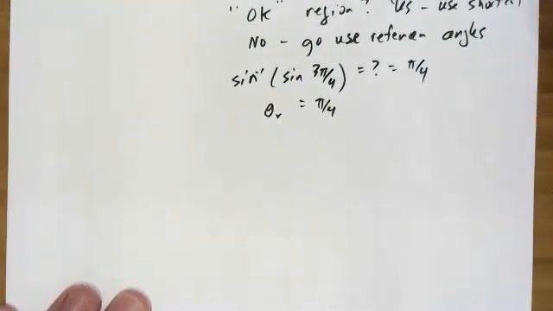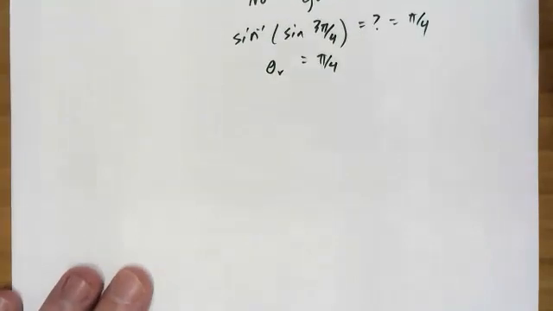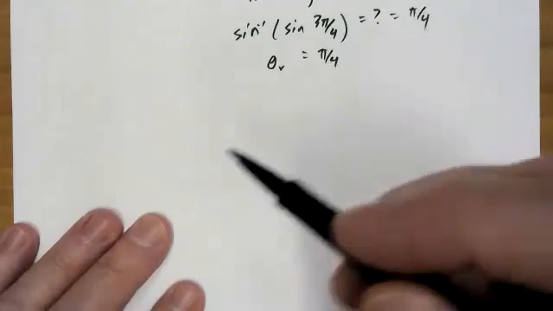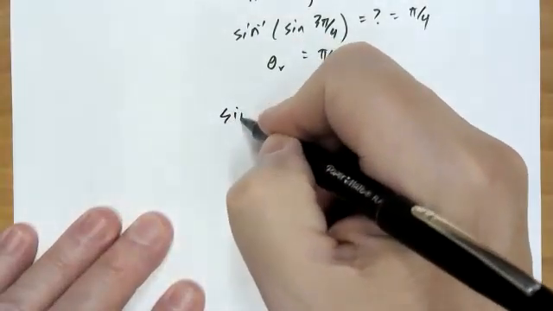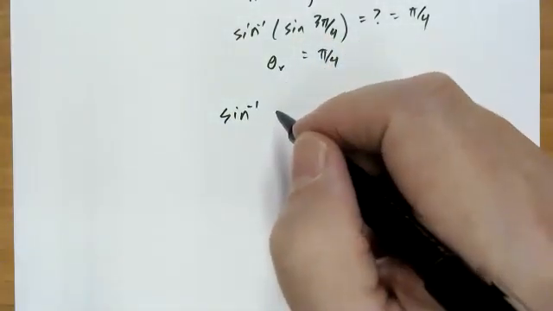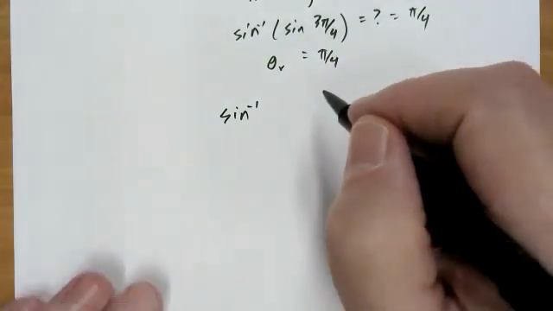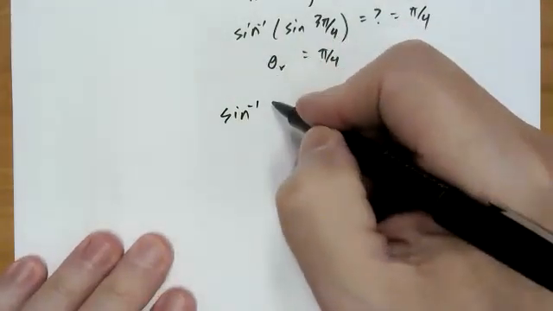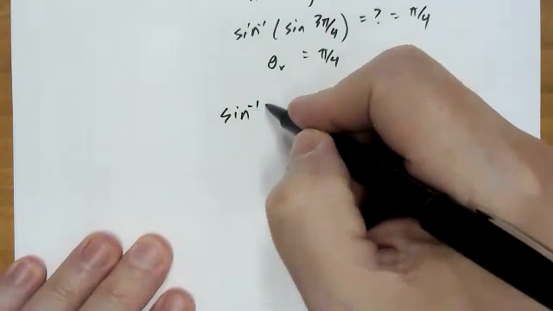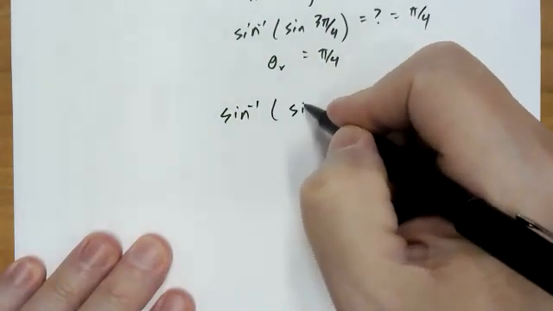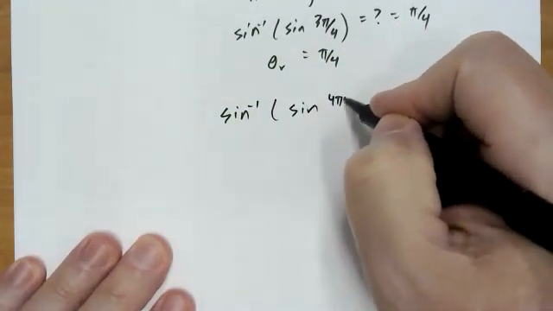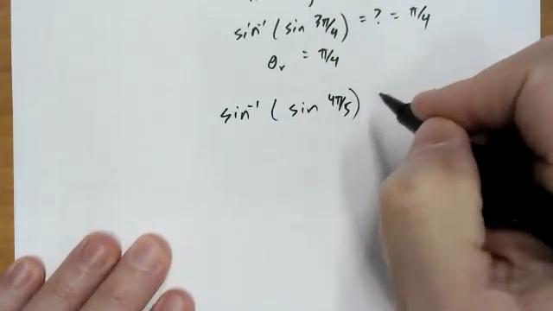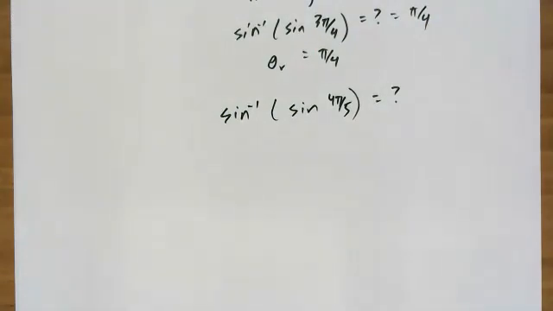Let's do a problem where it's not a special angle. How about the inverse sine of the sine of 4 pi over 5.